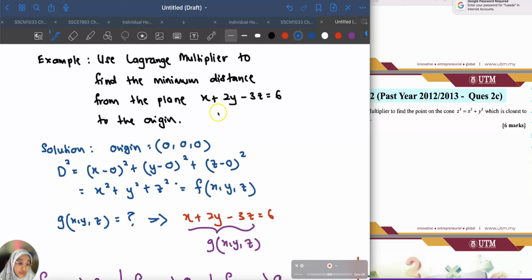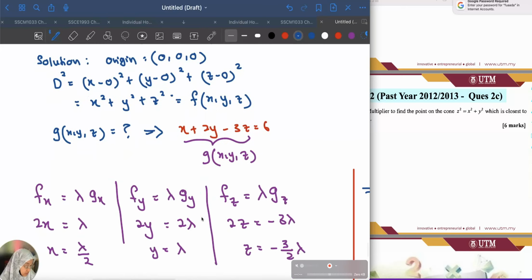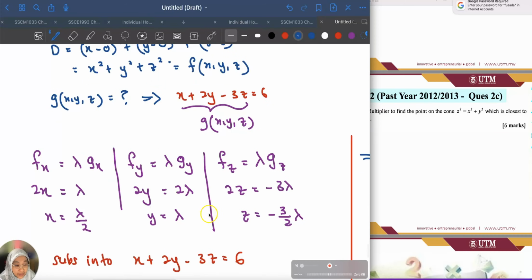Now the constraint comes from the plane equation here. Just ignore the k is 6, so we can have g here. Now we want to get the lambda. In order to get that, we have the partial derivatives written like this. For fx, you differentiate the function with respect to x, so you have 2x equal to lambda gx.